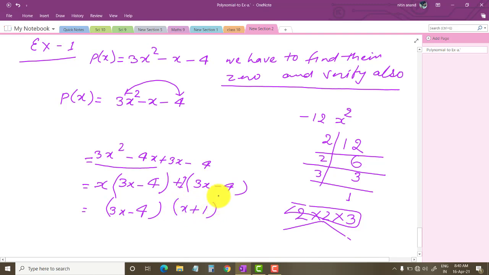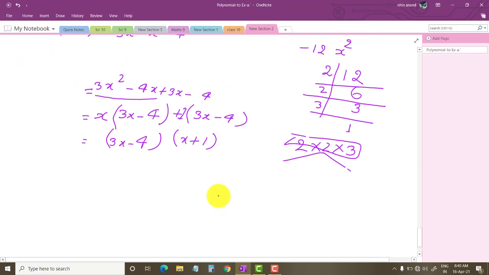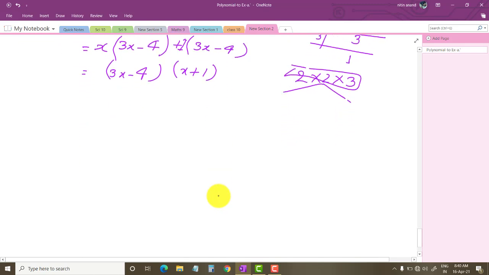Now see, for finding the zeros of this polynomial p(x), p(x) should be 0.